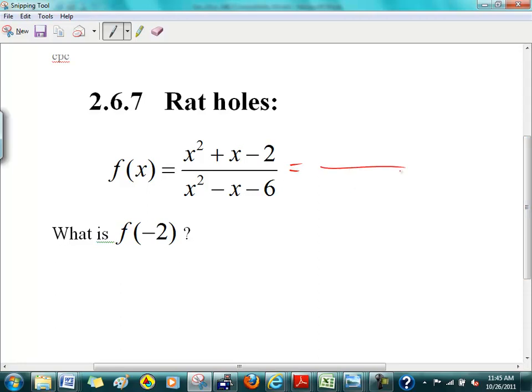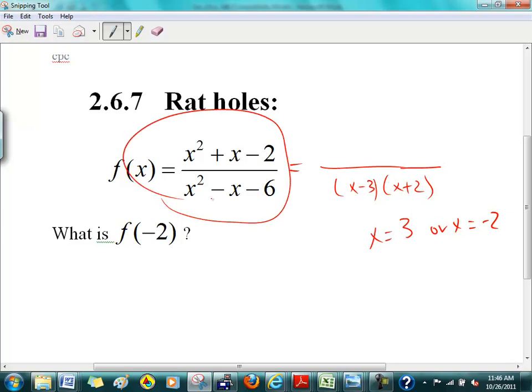What do you get? X minus 3, x plus 2, right? Yes? So you would see that your VA, your vertical asymptotes, are at x equals 3 or at x equals negative 2. Right? Okay, put this in your graphing calculator and see if that's true. And I'll wait for you.